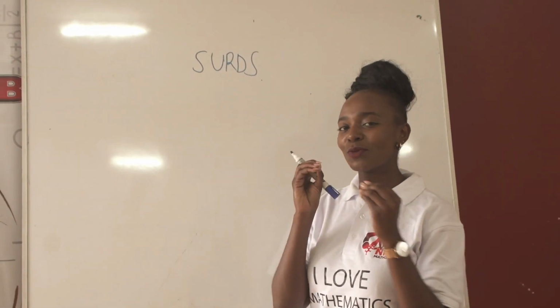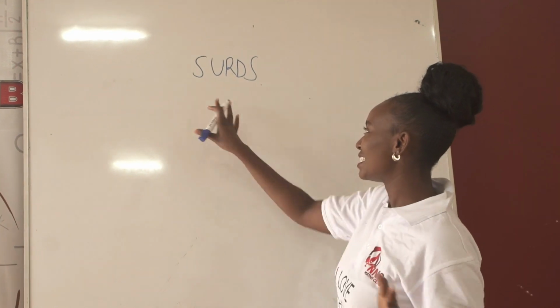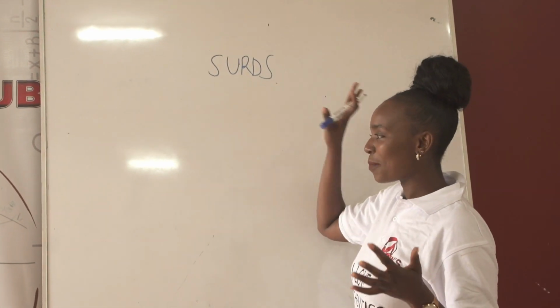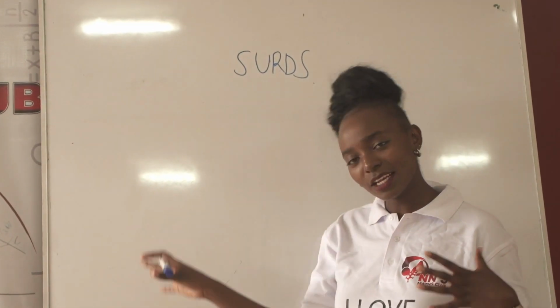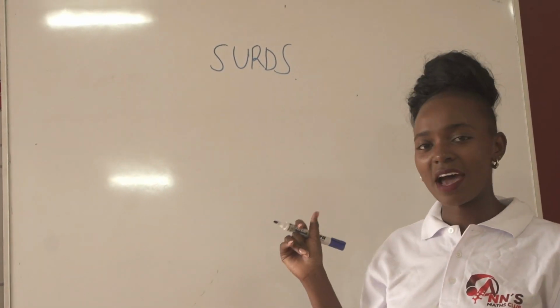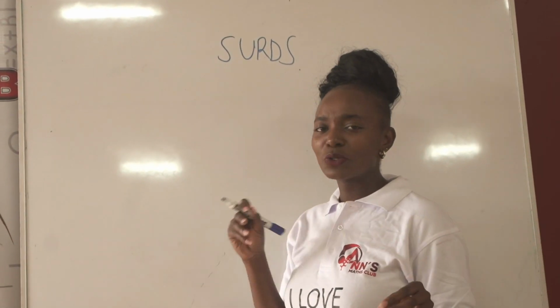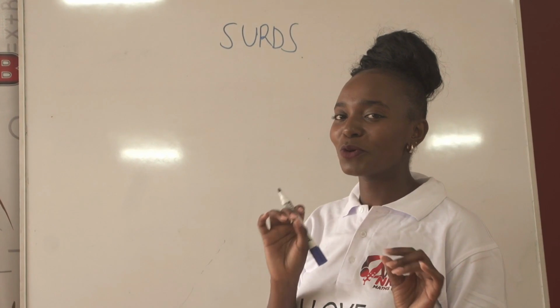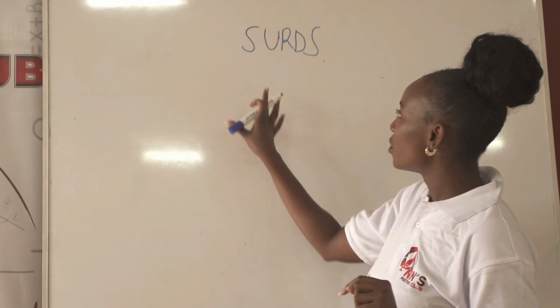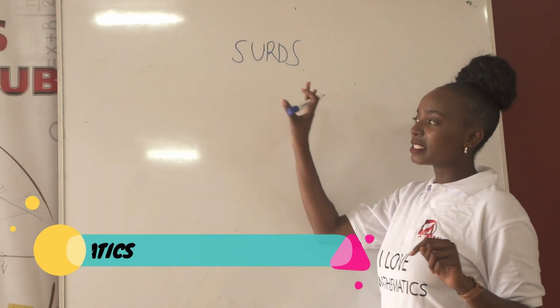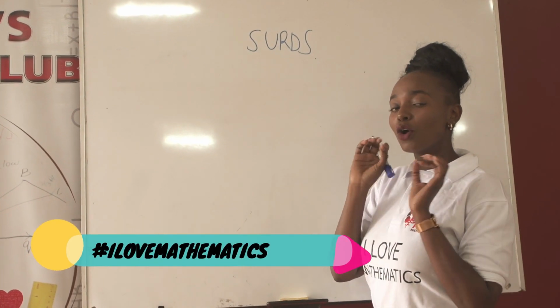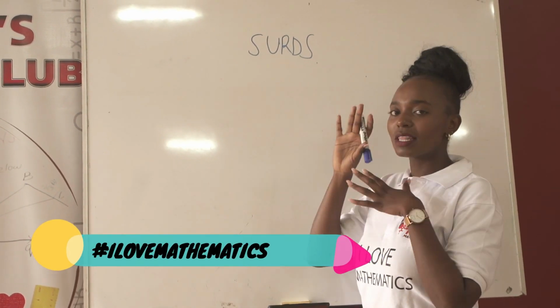So we're going to begin with Surds. As you can see, I've written it as Surds. And this applies both for the 8-4-4 curriculum and the IGCSE, so basically the working is the same. So let's get to it. When we talk about Surds, basically these are numbers which have no square root or cube root.